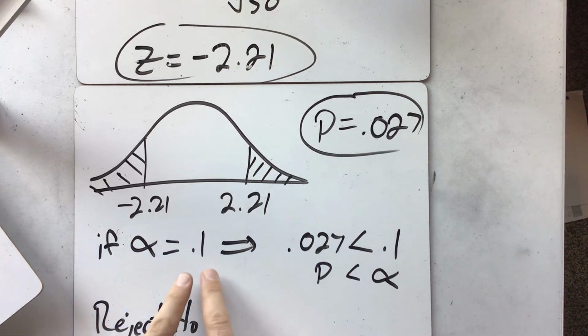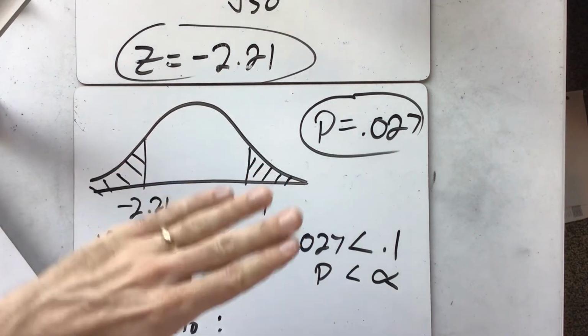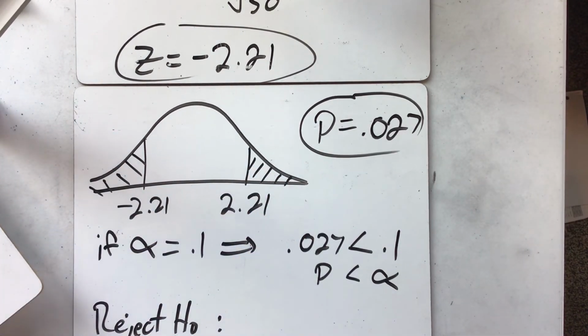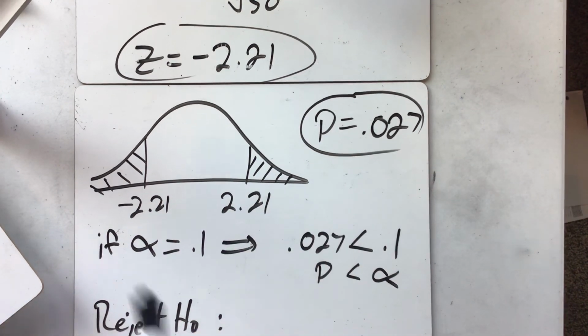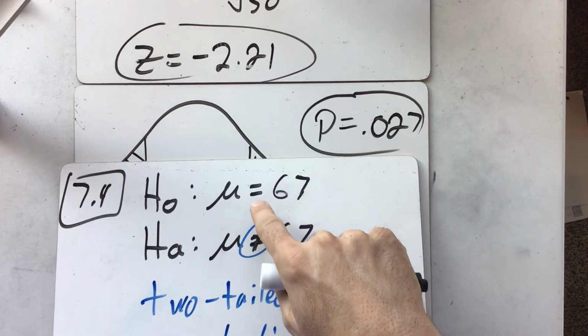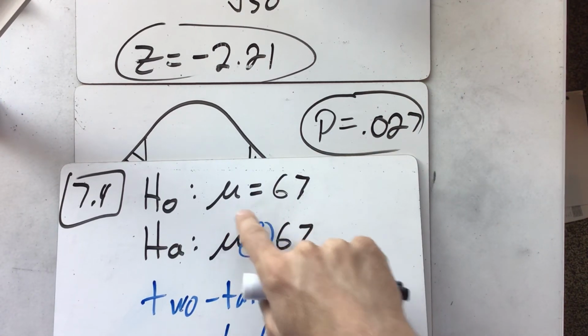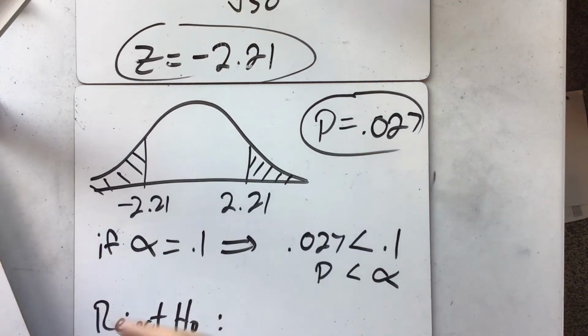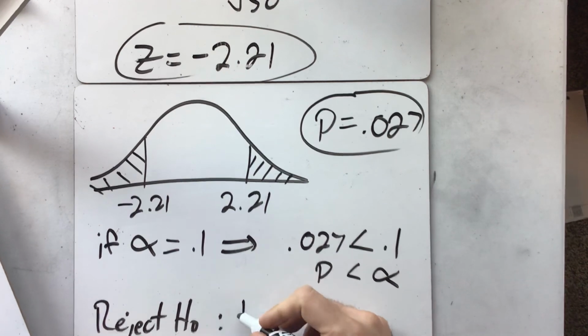Well, if I want my alpha value to be 0.1, that is if I say anything less than 10% is a small enough number, then this number is small enough. I go, well, this is an unusual result, and so therefore I'm going to reject H naught. So the only conclusion I could make is that this assumption that the mean was equal to 67 is actually wrong.